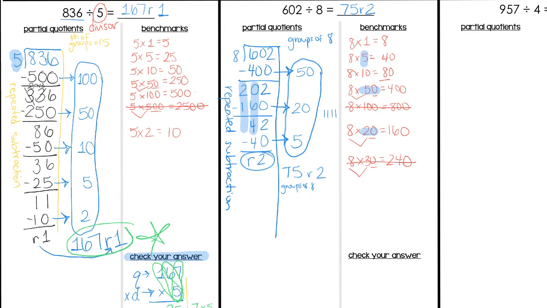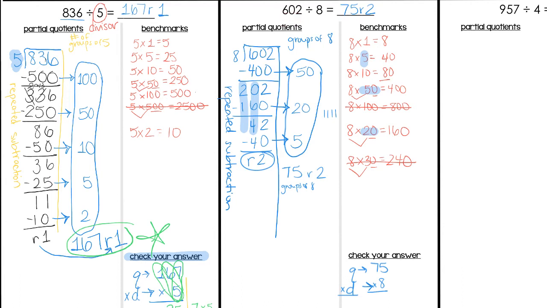And we're going to check our answer. So our quotient is 75. Our divisor that we're multiplying by is 8. And we're going to multiply that and see if we get 602.